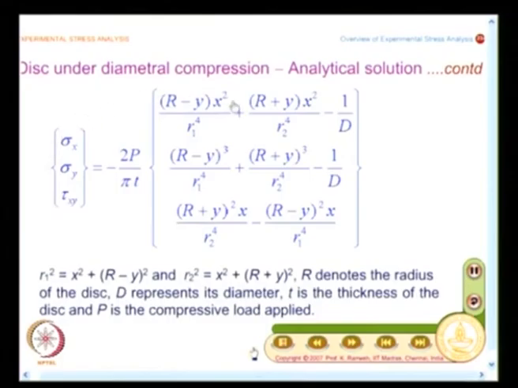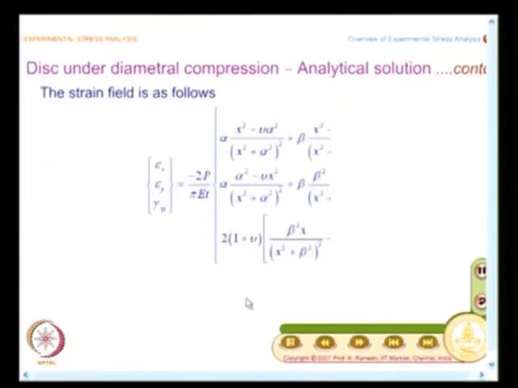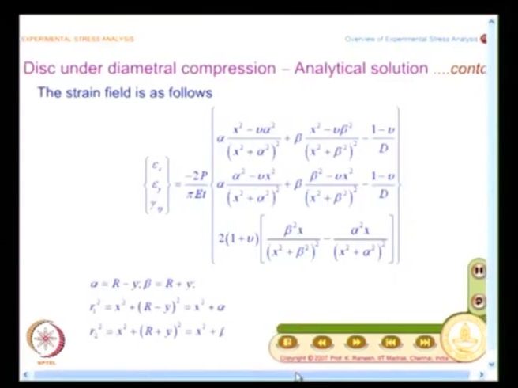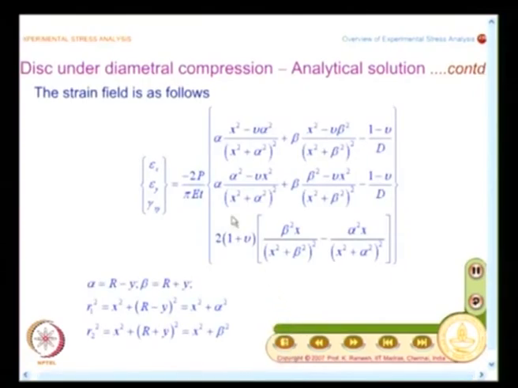When the stress field is so complex, the strain field is going to be much more complex than this, and this is how the expression looks. I have epsilon x, epsilon y, gamma x y, that is equal to minus 2 P by pi E t. And here again I would like you to make a decent sketch or take down the notes of these expressions.